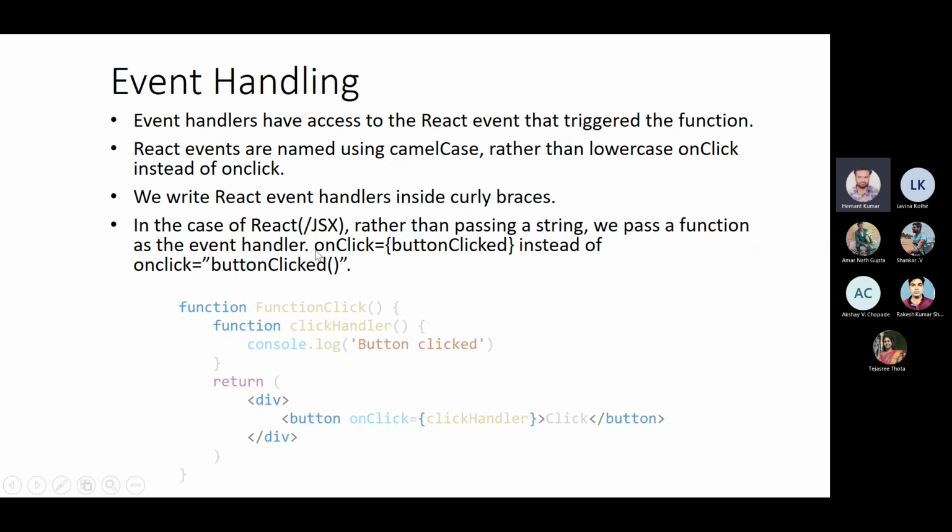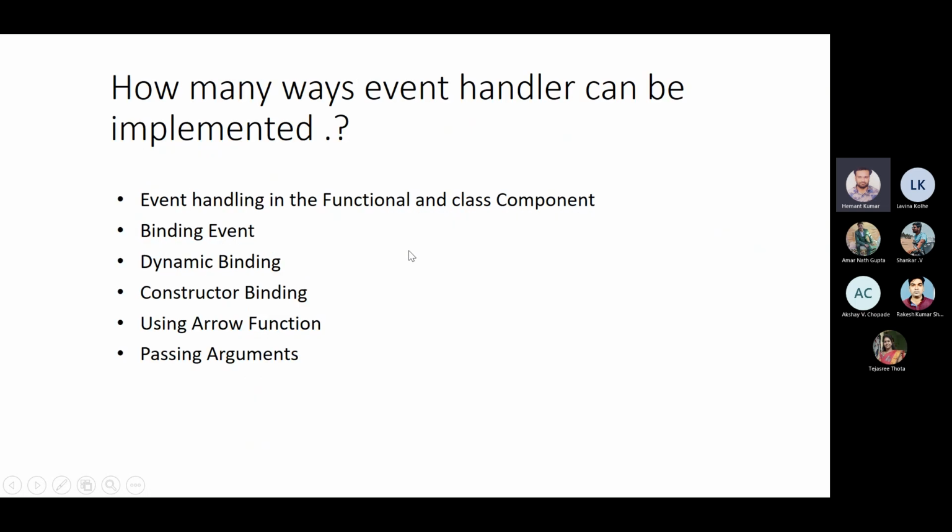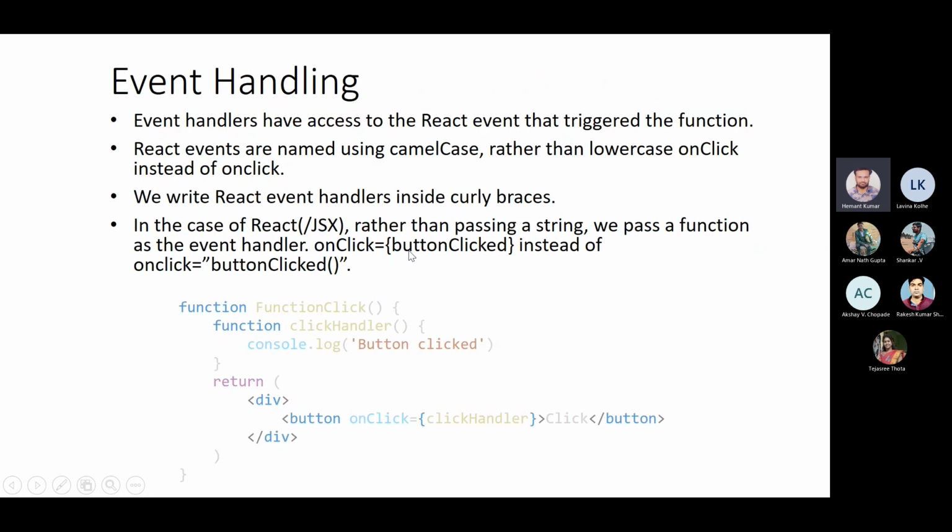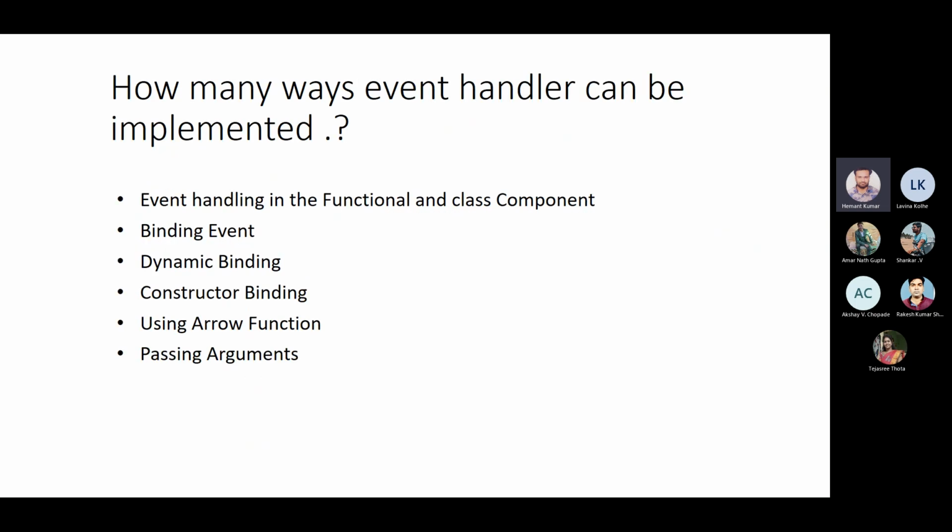You can see here this way we can pass the event handler, instead of what we did earlier. Here you can see a simple example of a functional component where we have implemented the click handler.